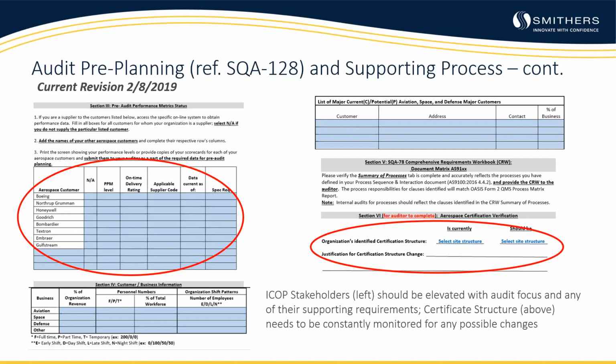We have had that issue happen in the past. So we need to ensure that we're continually verifying that. We're making sure that the justification as provided by the client supports the certificate structure being identified, and having that documented in the pre-planning ensures that if we have to make any changes, we're doing those well in advance of the audit activity.